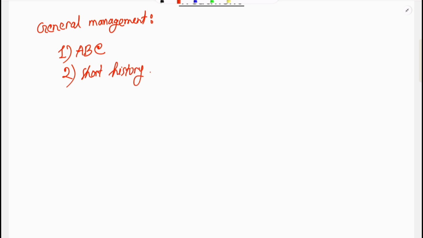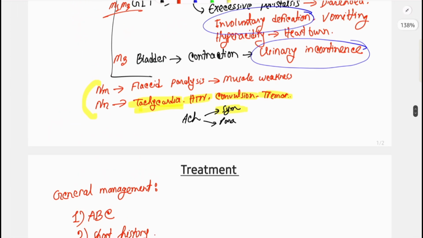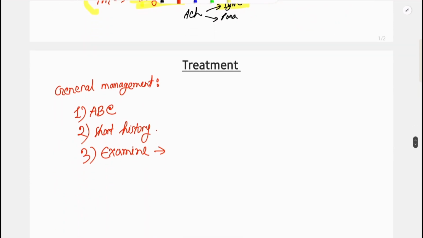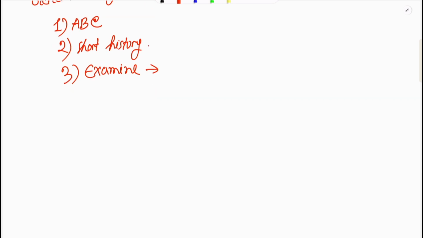A patient of OPC poisoning will have a history of insecticide spraying or suicidal ingestion. Then we will examine the vital signs. In the vital signs, we will find bradycardia, pinpoint pupil, sweating, salivation, asthma, involuntary defecation, urinary incontinence, etc. So after the history and examination of vital signs, we will confirm that it is a case of OPC poisoning. These three steps should be done in a very short time.